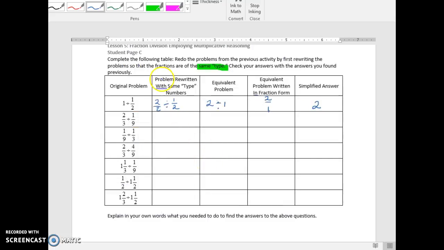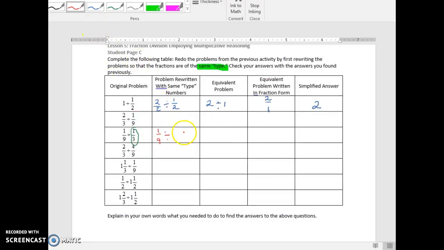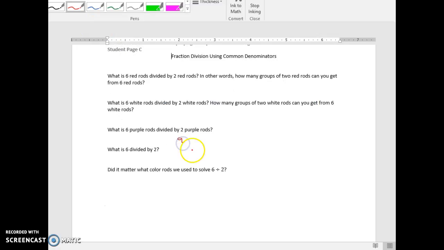Now if we go back and look over here, and I take the 1/9 divided by the dark green of 1/3, instead of 1/3 being green, we're going to make 1/3 as three ninths.